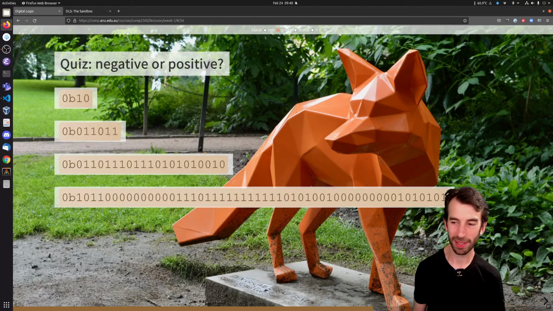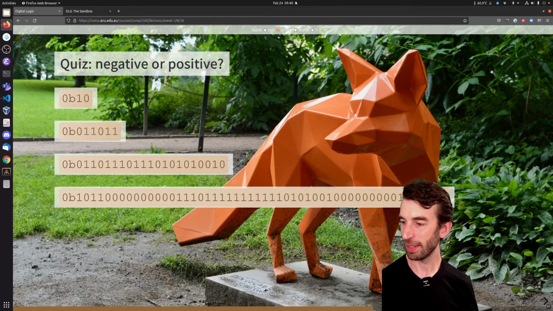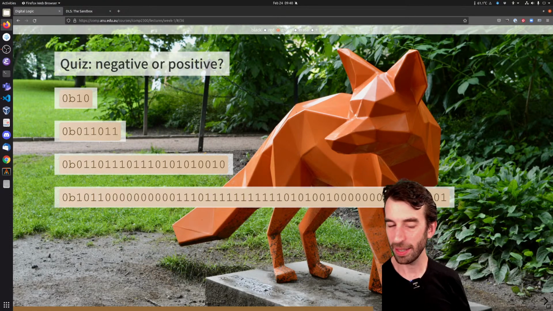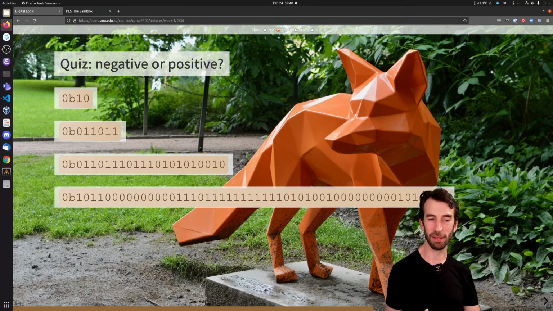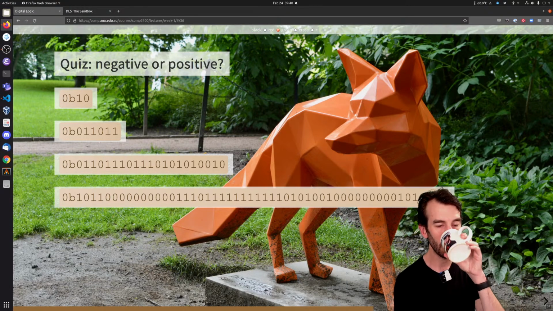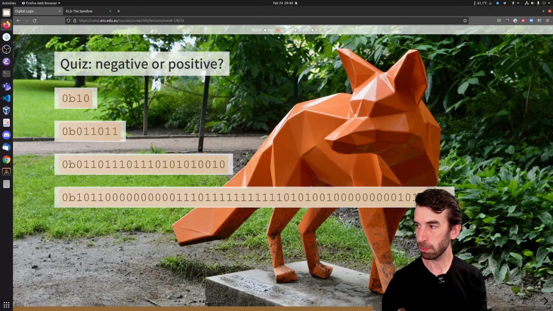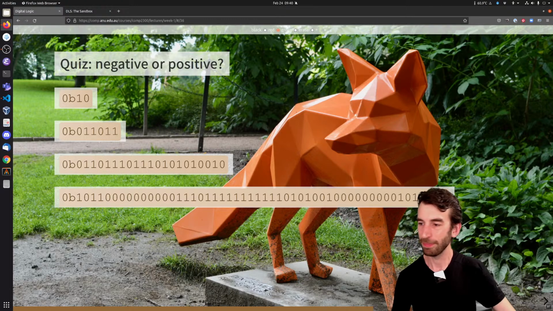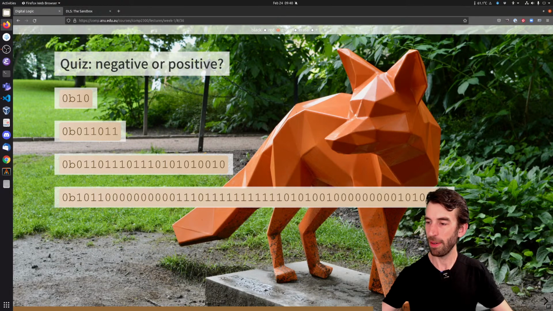Here's a quiz. Are these numbers negative or positive? Someone says that the choice of whether it should be +8 or -8 is just convention.